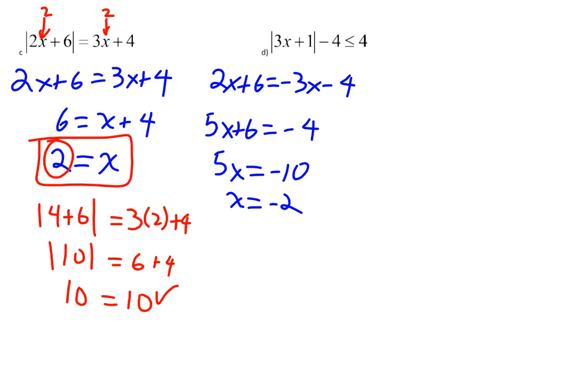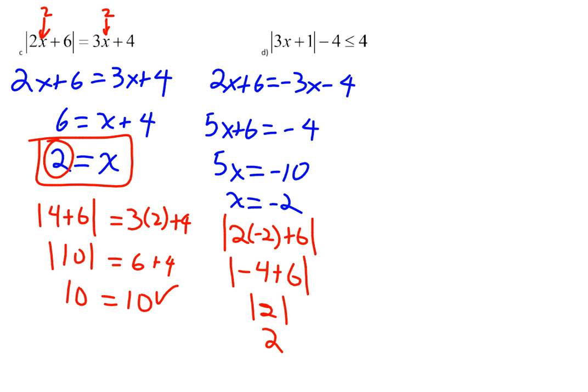Checking out the negative 2, if I plug negative 2 in, I get the absolute value of 2 times negative 2 plus 6. Well, that would be the absolute value of negative 4 plus 6, which is the absolute value of 2, which is 2. On the right side, plugging in a negative 2, I get 3 times negative 2 plus 4, which is negative 6 plus 4, which is negative 2.